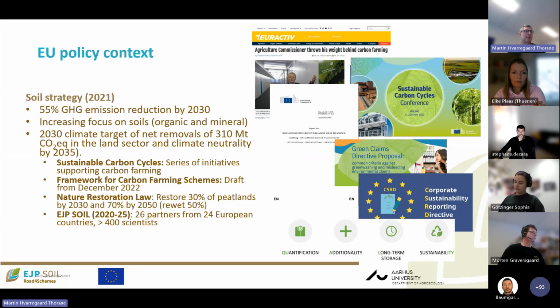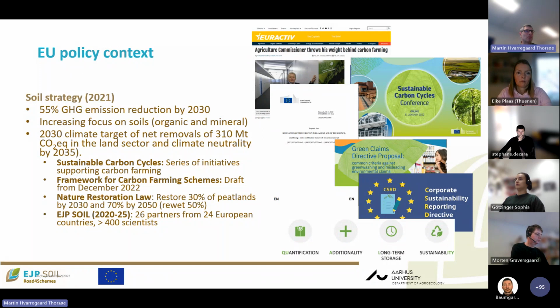But importantly, the project started out based on the soil strategy that overall has the ambition of reducing the greenhouse gas emissions from Europe by 55% by 2030.